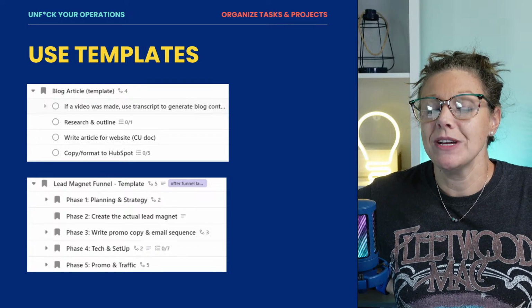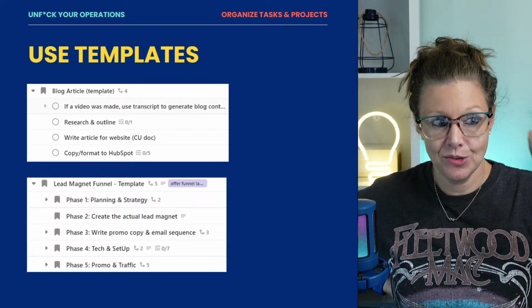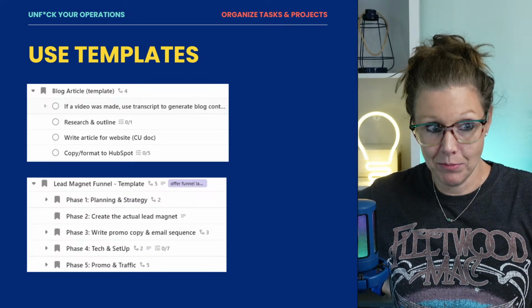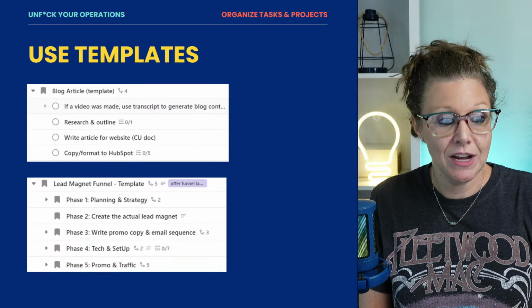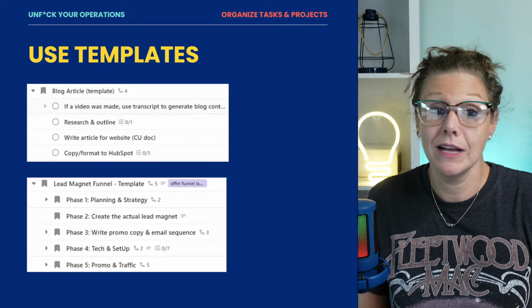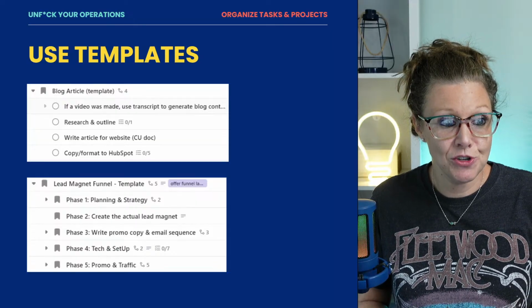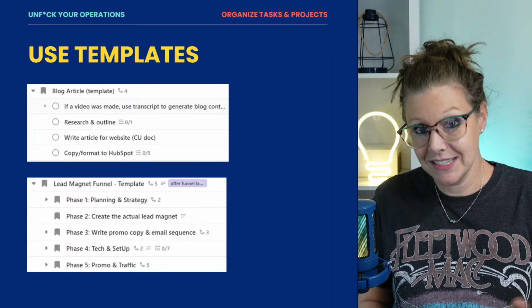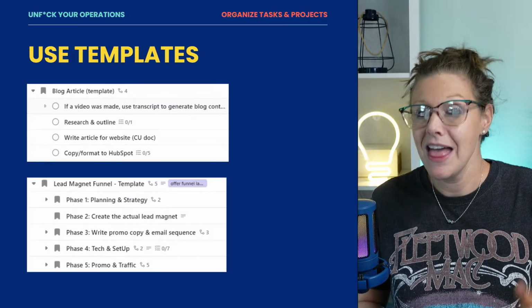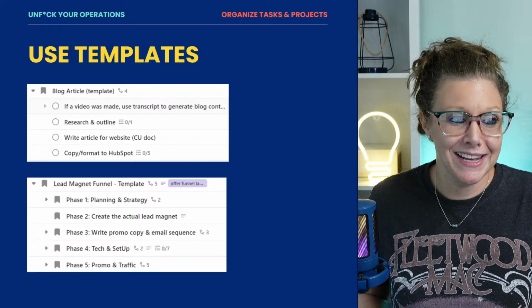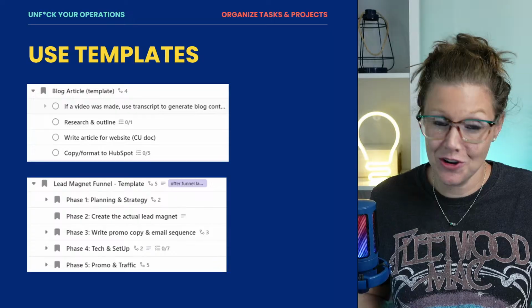So you can translate the SOP into actionable tasks and templatize them. Because again, maybe you've got several different freelance copywriters that you work with, and at the end of the day, as long as they get you a blog article that you're happy with, I guess that's the end result you're looking for.